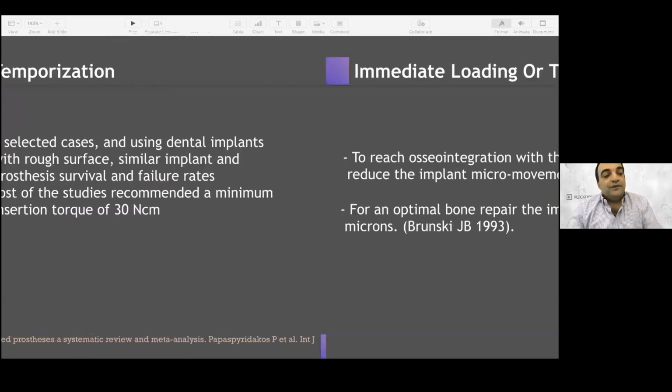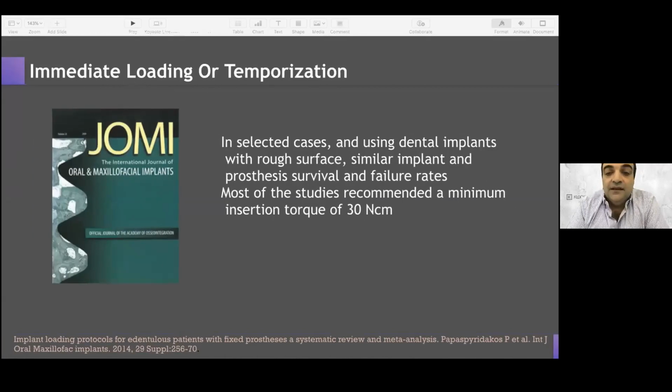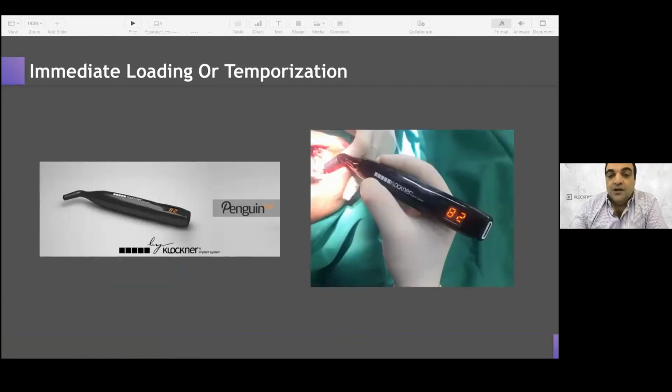And what was recommended is that we have about 30 Newton centimeter as insertion torque to do our immediate loading or temporization. We are using a Penguin device to evaluate our implant stability.